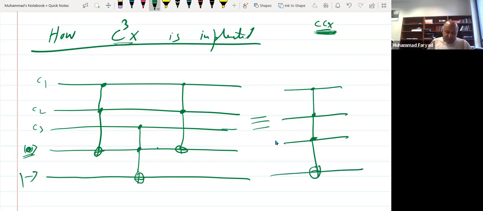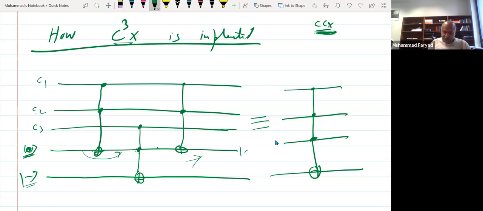As you can see, when C1, C2 are 1, 1, this will flip this 0 and make it 1. And if C3 is 1, this 1 and 1 will make this a -1 flip, because this X will be acted on. And then since C1, C2 are already 1, this 1, 1 will again flip this 0 back, because this 0 becomes 1 here. And once this 1 was used to operate on here, then this 1 becomes 0 again.